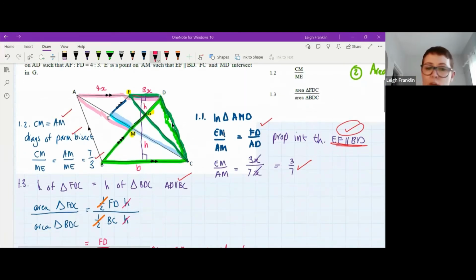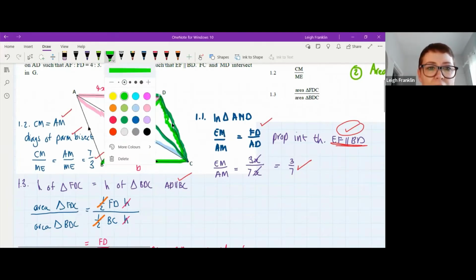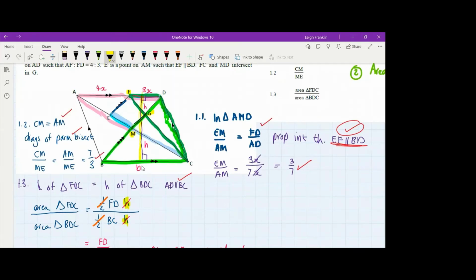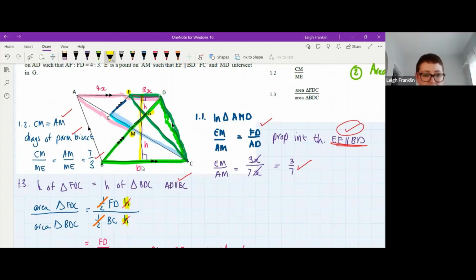It wasn't a construction. It was me showing you that the perpendicular height is the same. So do you remember over here we wrote H and H? Perpendicular height, that's this line here. Okay, thank you, ma'am. So it wasn't a construction. Does that make a little bit more sense now?